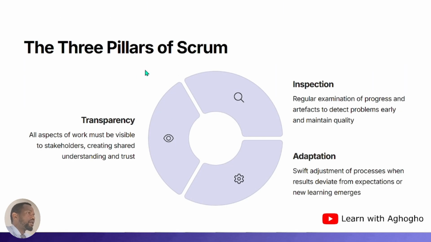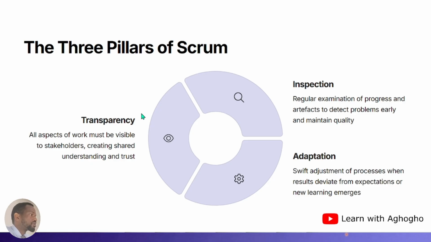The three pillars of Scrum are transparency, inspection, and adaptation. In our previous briefing, I walked us through the three pillars, but here I'll be looking into them in a more specific way.